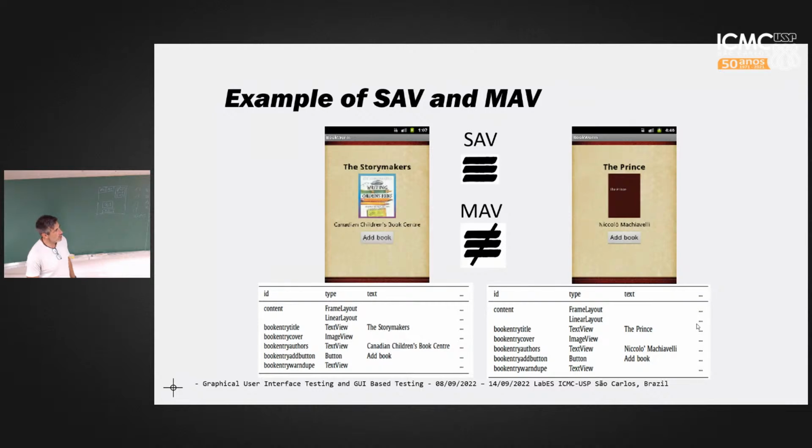I have a button here, and a button here. So from the point of view of this very simple abstraction strategy, the two GUIs are equivalent. If I consider multiple attributes, the two GUIs are different. As an example, the labels have different text. The images are different, right? So these GUIs are different.